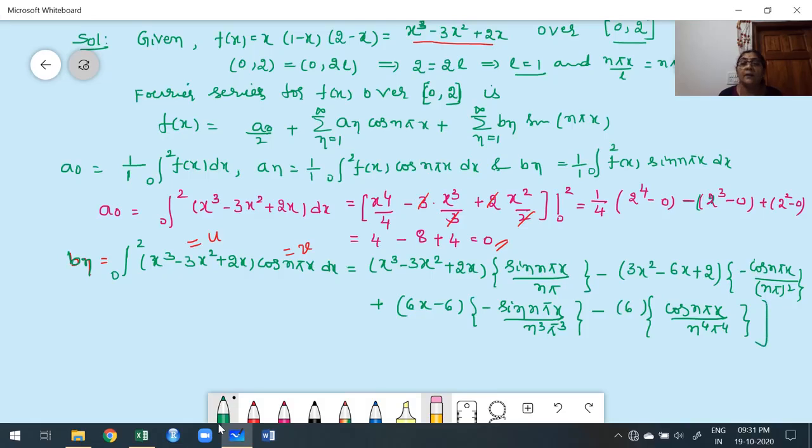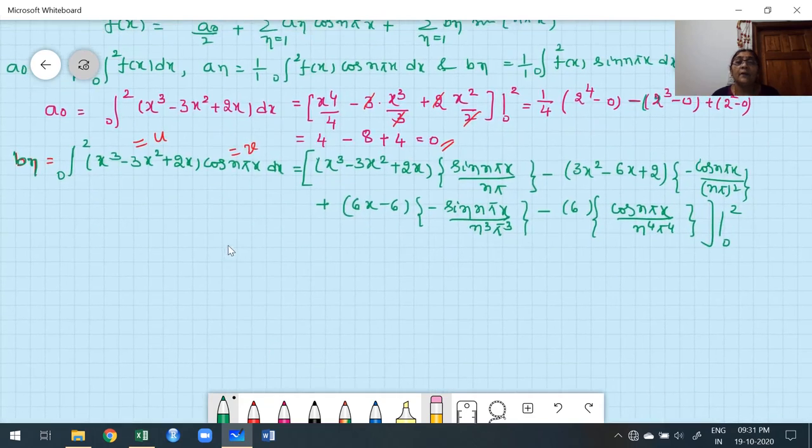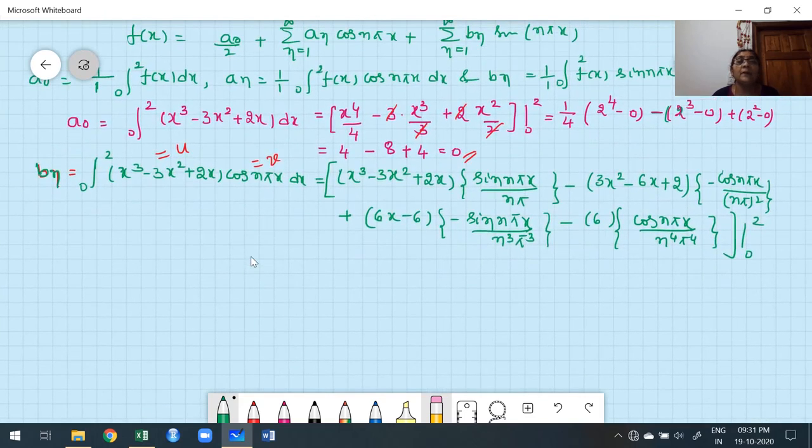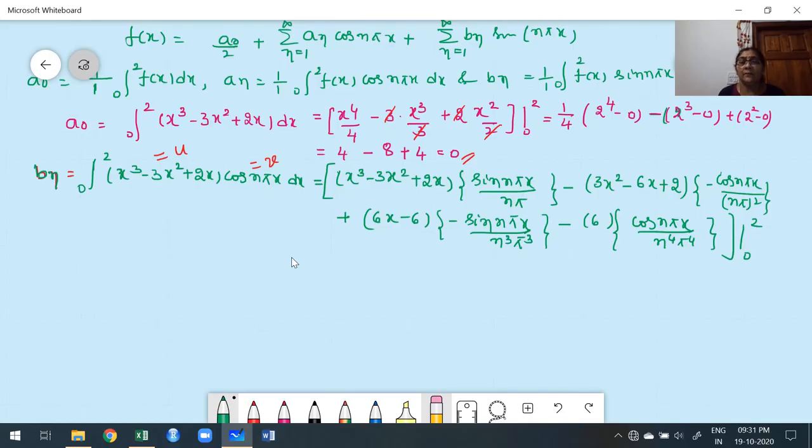Then for the entire thing, what's the limit? The limit is 0 to 2. In the next step, as I have told you a number of times, whenever I have to find the value at the upper and lower limits, and the product contains a sine or cos function, first I have to verify what happens at the corresponding limits.